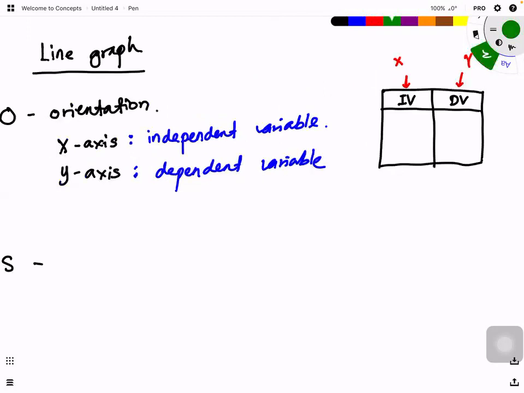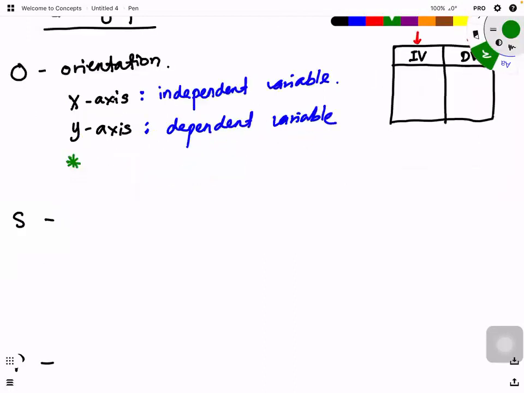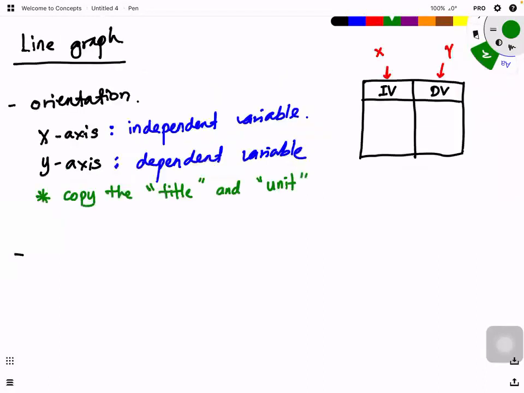Okay, so what else do we need to be aware of? In this case, you have to copy the title of the independent and dependent variable, and also the units must be there and must be copied exactly. Are you clear? For example, if the unit is millisecond, then you don't put it as a minute, you don't change it.